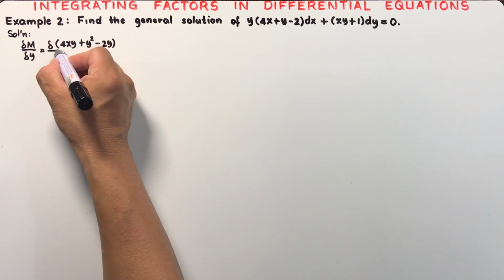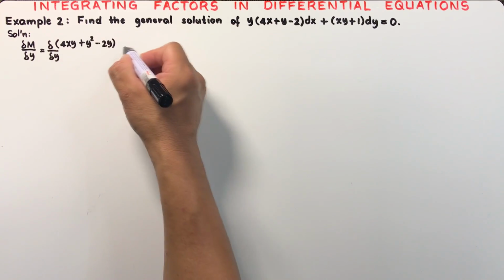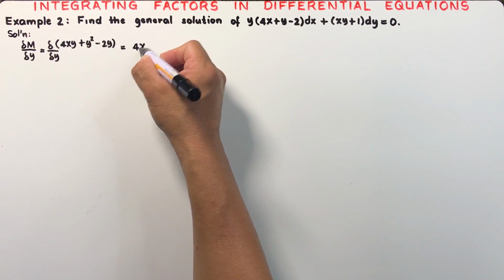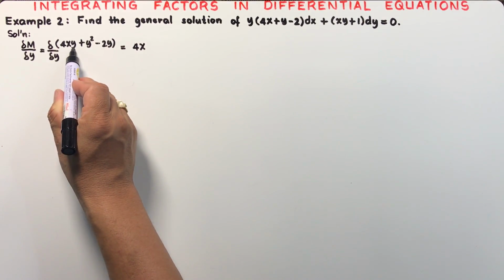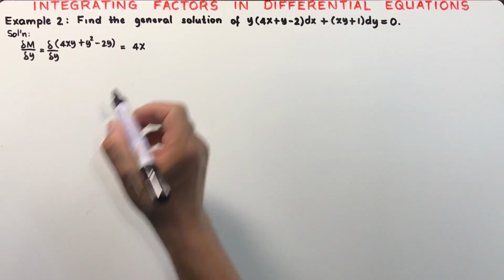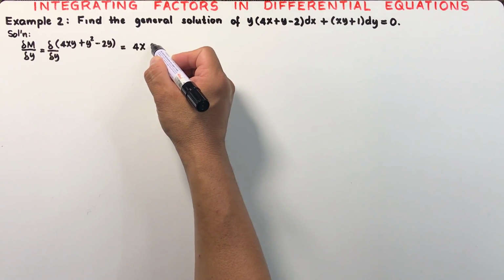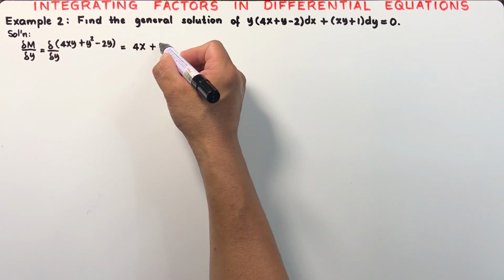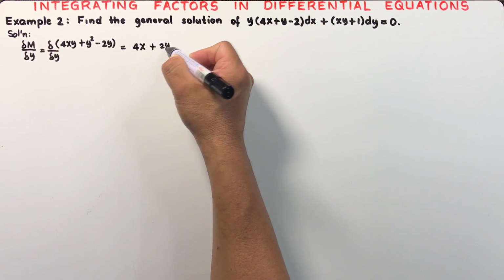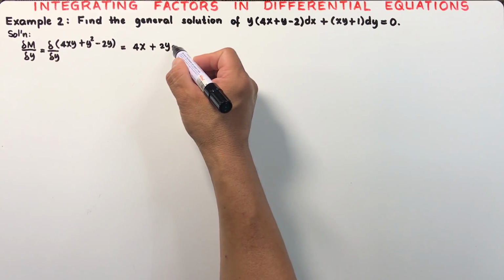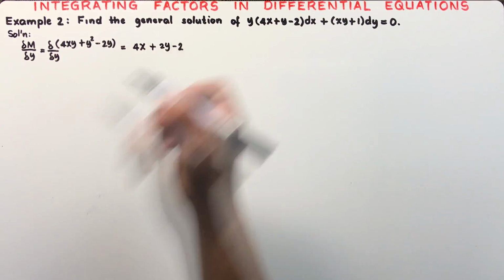And taking the partial derivative of this with respect to y is equal to 4x, because with respect to y, 4x is treated like a constant. So the derivative is 4x. And also the derivative of y squared with respect to y is 2y. And the derivative of minus 2y with respect to y is minus 2.